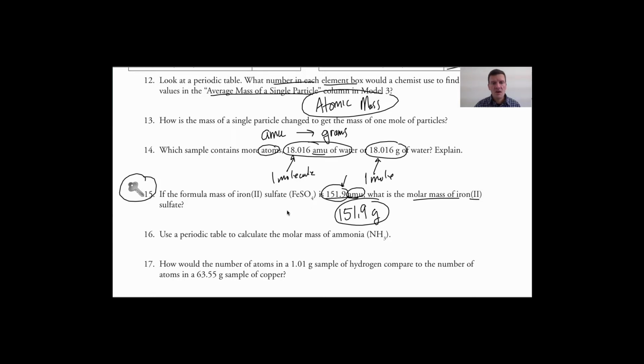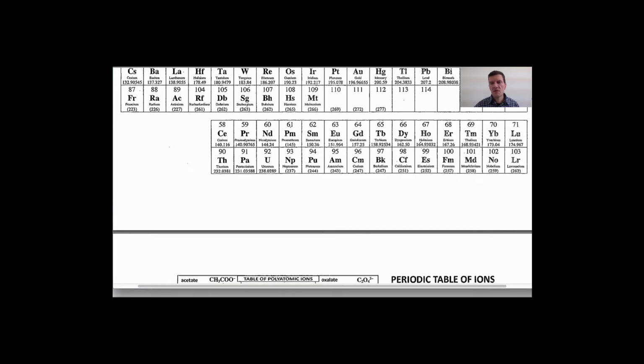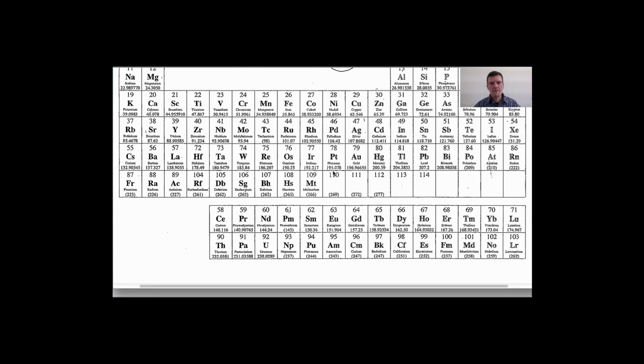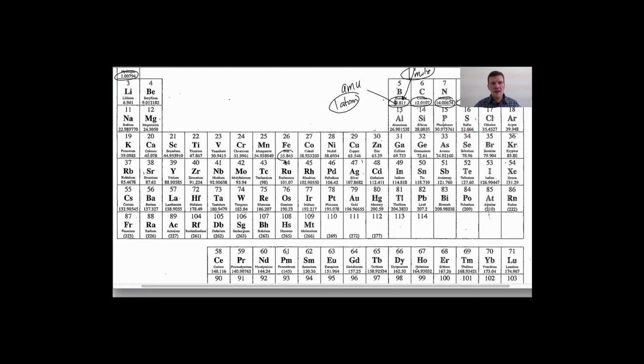By the way, how would you get this 151.9 if you were not given the total molecular mass? Well, you would find on a periodic table iron, sulfur, and oxygen, and add up their individual atomic masses. 1 iron, 1 sulfur, 4 oxygens. Iron, 55.845. You can probably round it off to the nearest tenth.